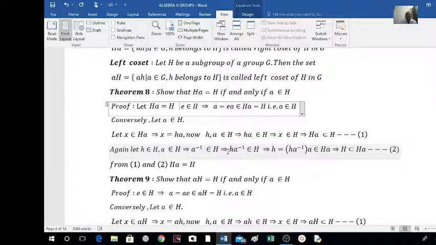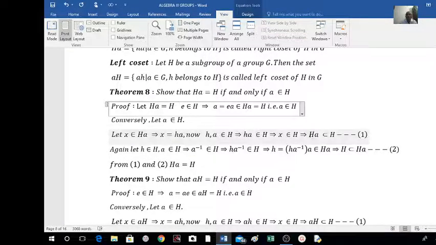Yes, I have proved here HA inverse is an element of H. Therefore this into A must be an element of HA. So here I have taken H belongs to H, finally I have proved that H belongs to HA. That is, every element of H is an element of HA. So this implies H is a subset of HA. I will take this as 2.